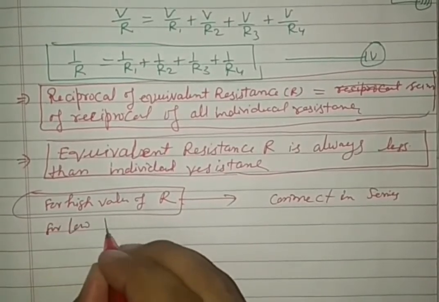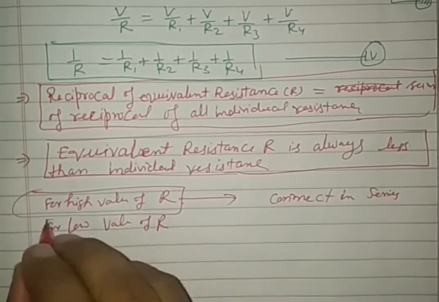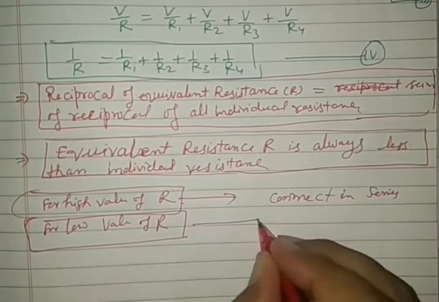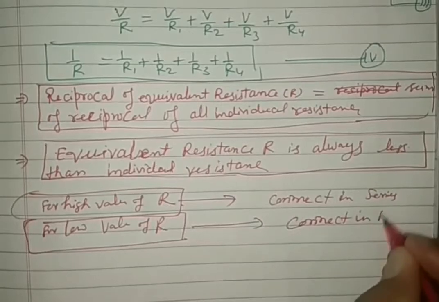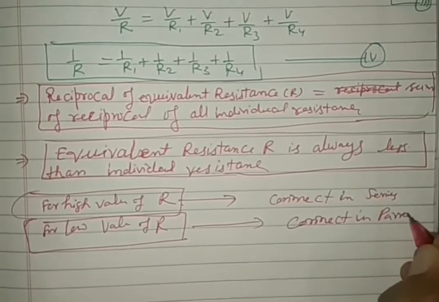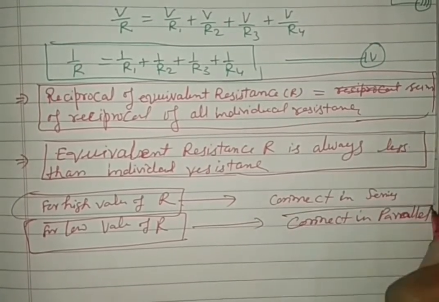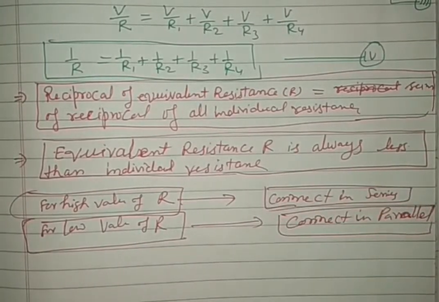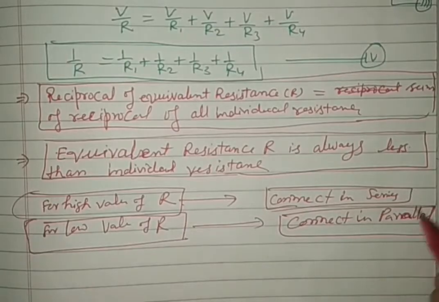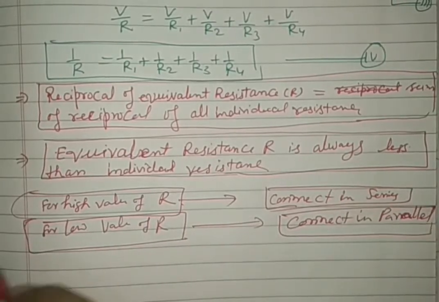For a low value of resistance, you are advised to connect just opposite to this, that is, in parallel. So when you will connect in series and when in parallel is clear from this explanation.